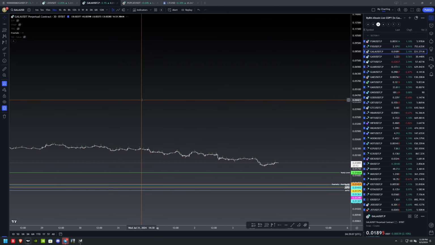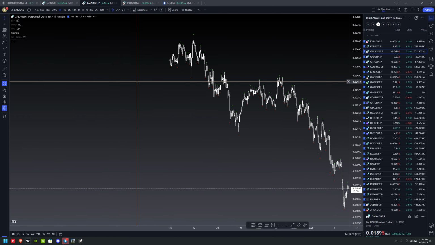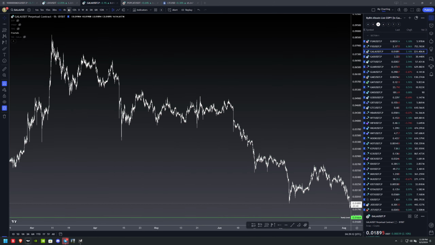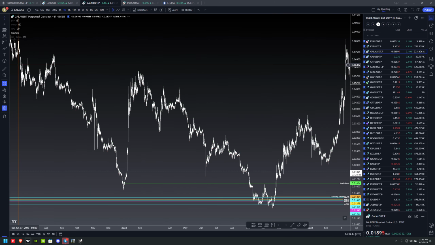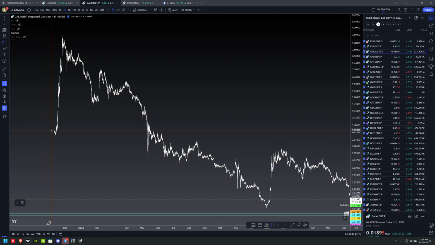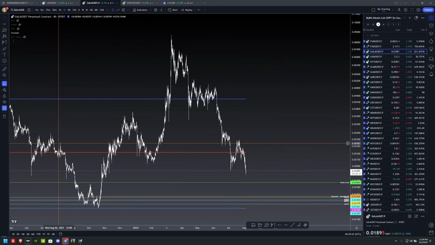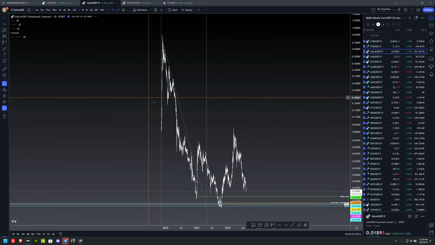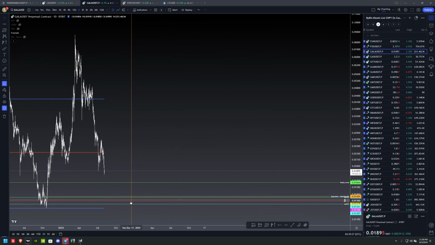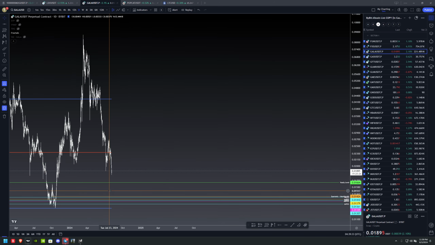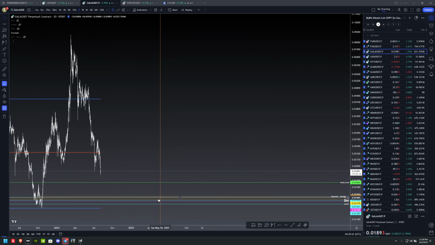Take a look at this global volume right quick. Interesting down here. There's a lot of support here, but I could totally see it coming down and wanting to test it down here.